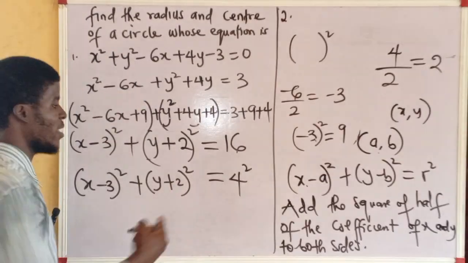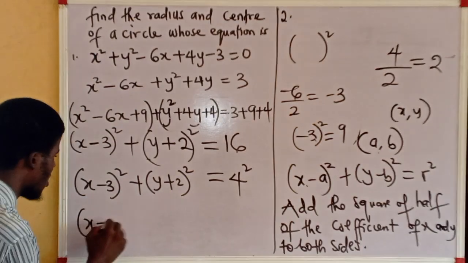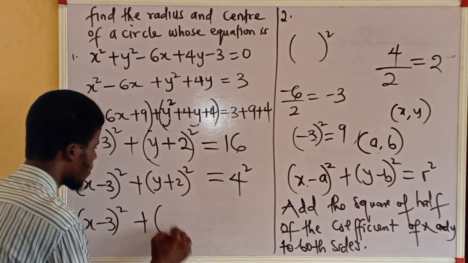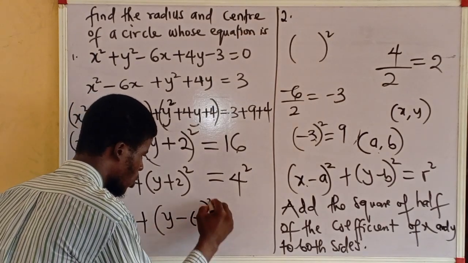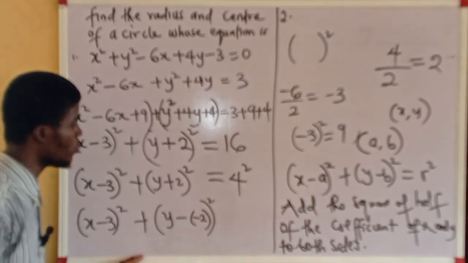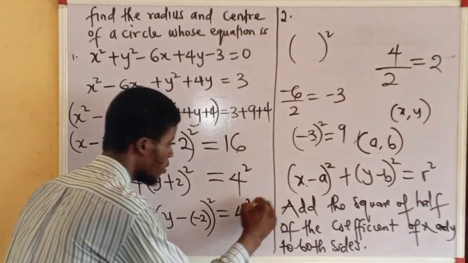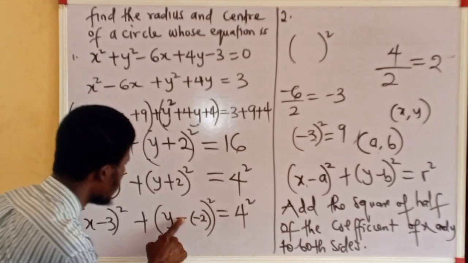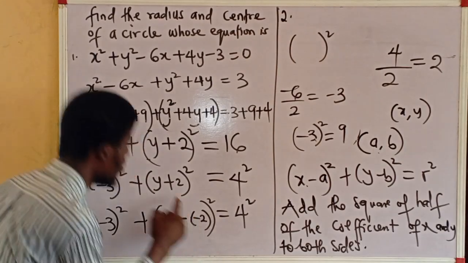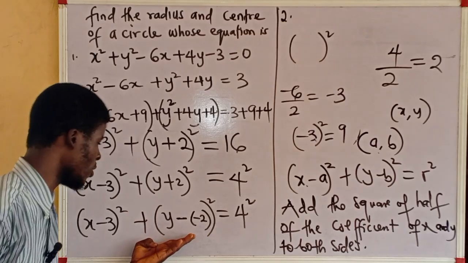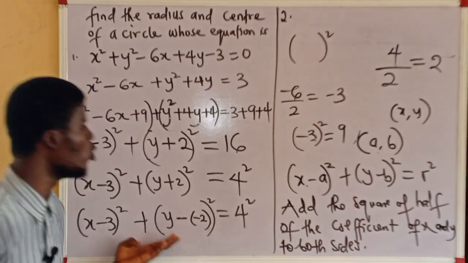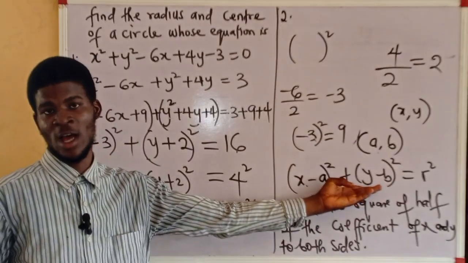So I can as well write this as (x minus 3) squared plus (y minus minus 2) squared equal to 4 squared, because minus times minus will give me a plus. I just wrote it this way so that it will look like the general form that we have.